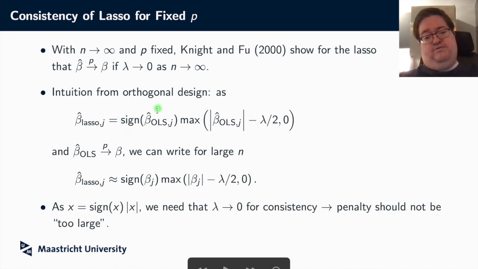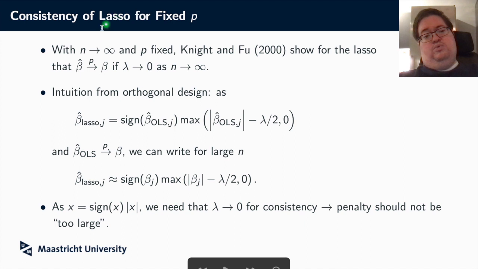It's the sign of the least squares estimator times the maximum of the absolute value of the least squares estimator minus lambda over 2, and 0. The thresholding occurs if this part is not larger than 0, and then we set the whole thing equal to 0. So if beta hat OLS j is not far enough away from 0, my lasso estimator will be set equal to 0.